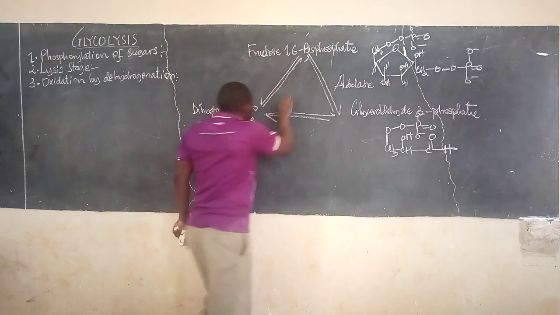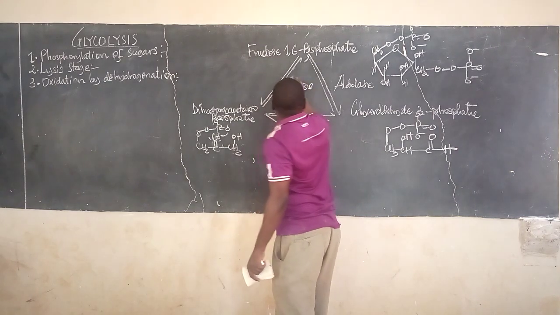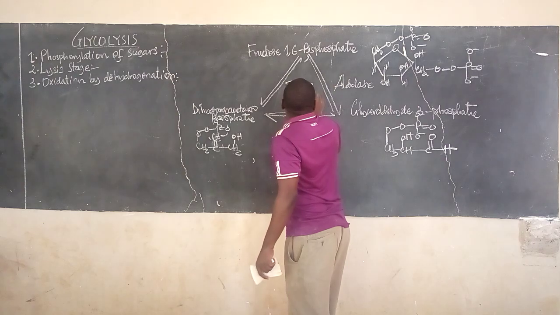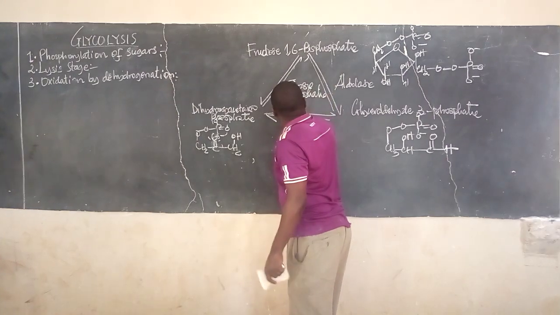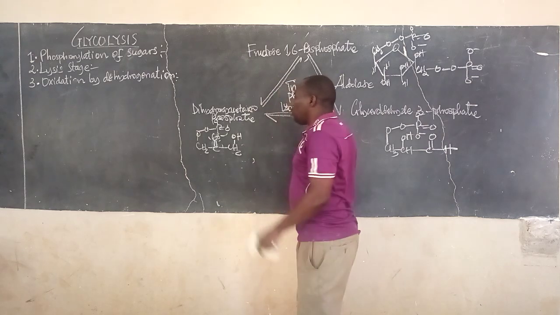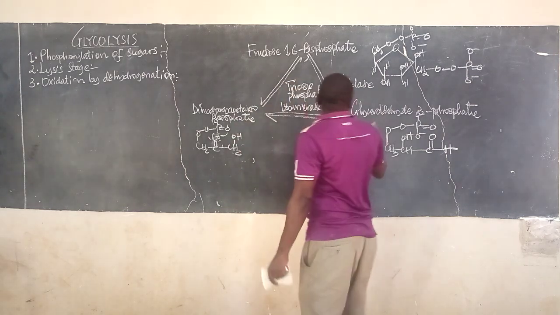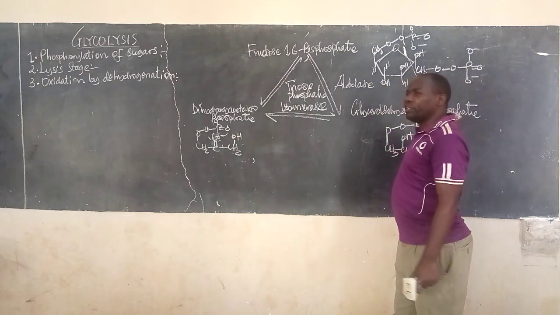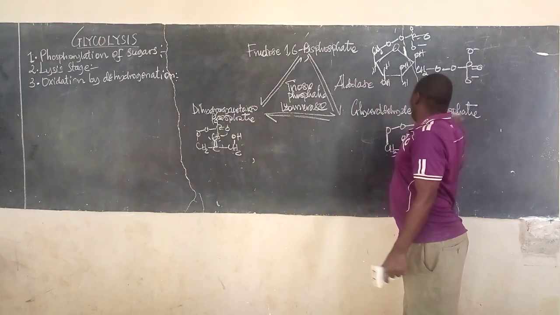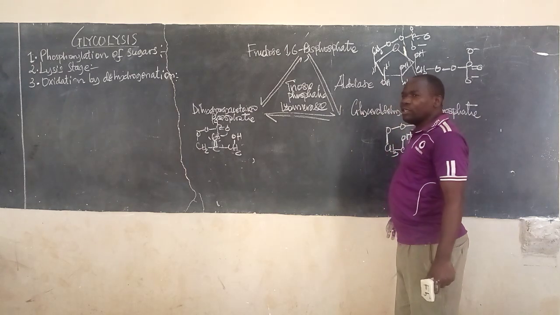So now, with the aid of an enzyme known as triose phosphate isomerase, we are going to equilibrate dihydroxyacetone phosphate into glyceraldehyde 3-phosphate in order to simplify further oxidation stages.